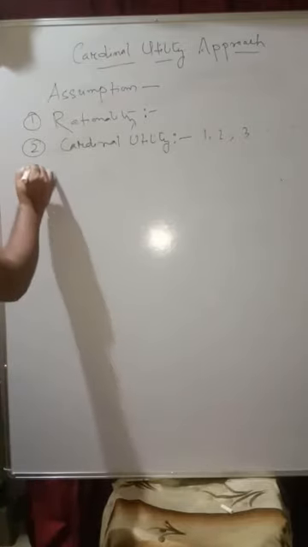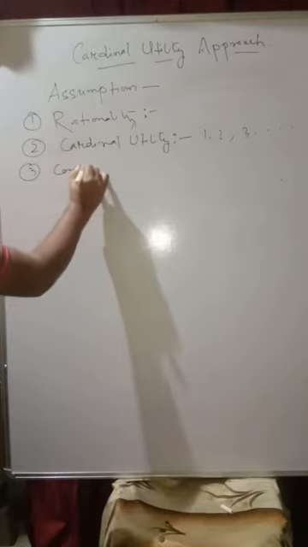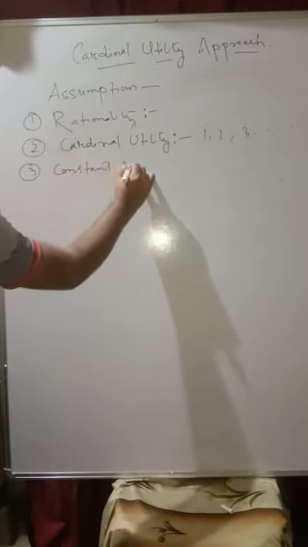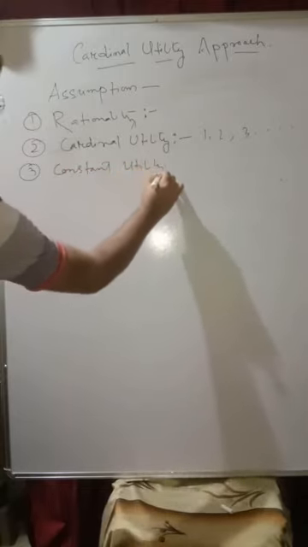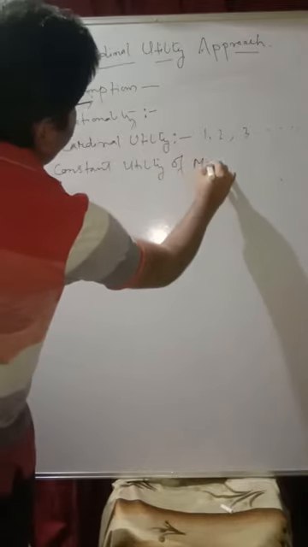Then the third assumption is constant utility of money. What does it mean?